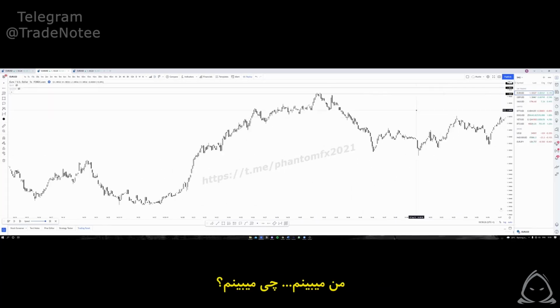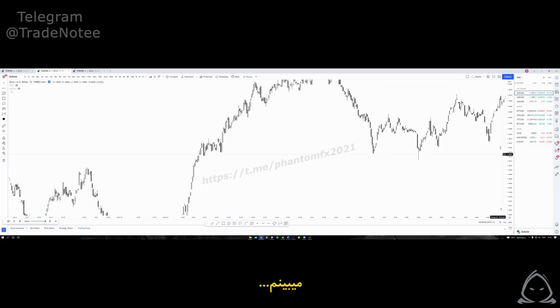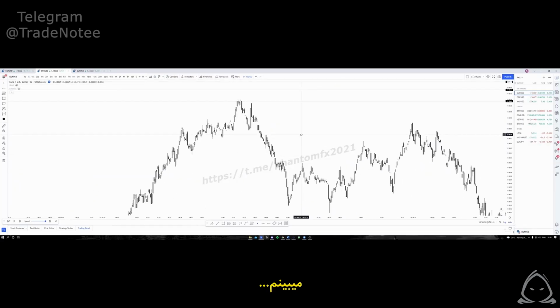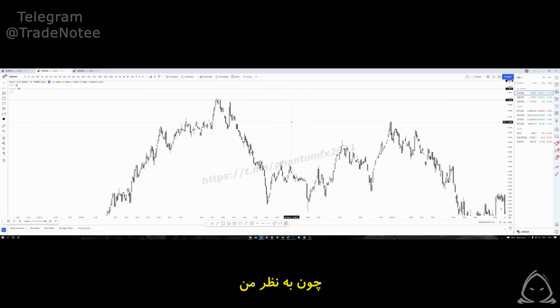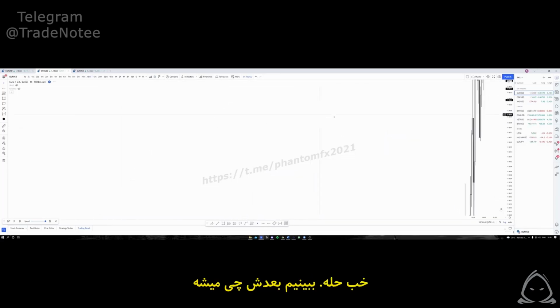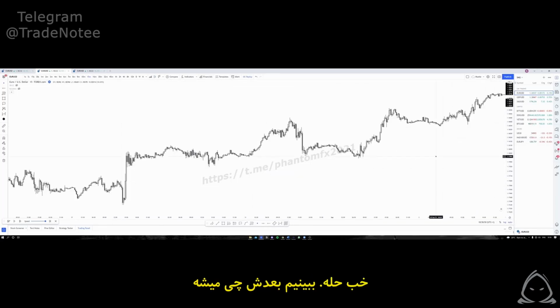What would I see here? I would see this reject, come down, respect the level of demand, and give us a V-shaped recovery here. So I'd either be looking for a retest of this, or I'd already be in just off the V-shaped recovery, because it shouldn't come above this level. Cool, let's see what happens next time.